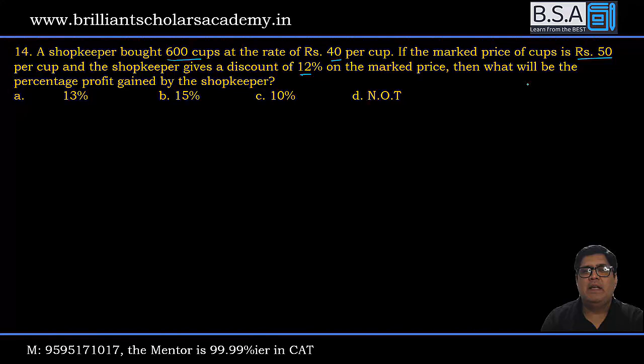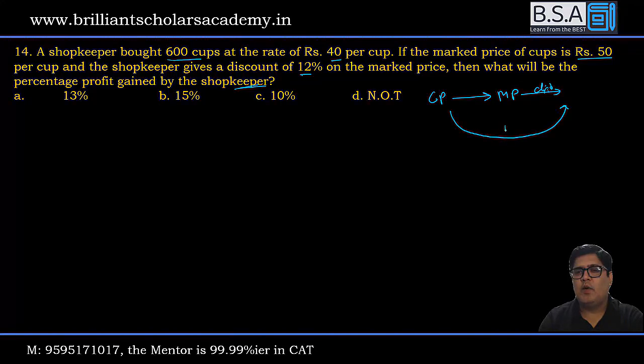What will be the percentage profit gained by the shopkeeper? Does it sound like cost price has been changed to marked price and a certain discount is being given? The question is, what is the overall profit percentage, or in some cases it could be loss percentage.